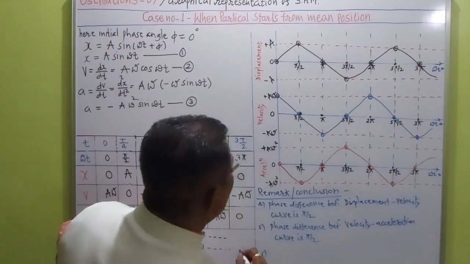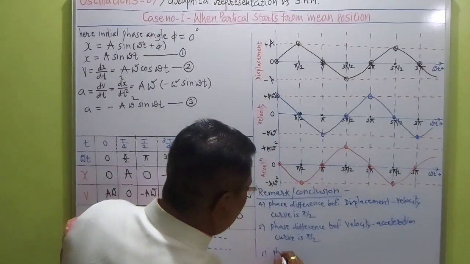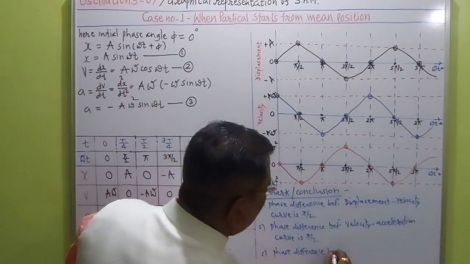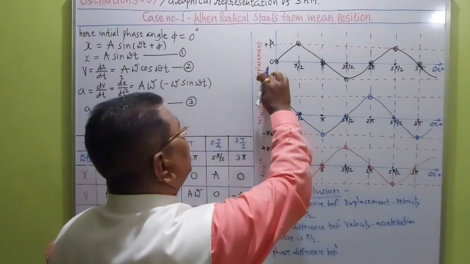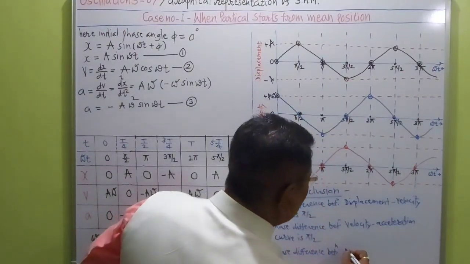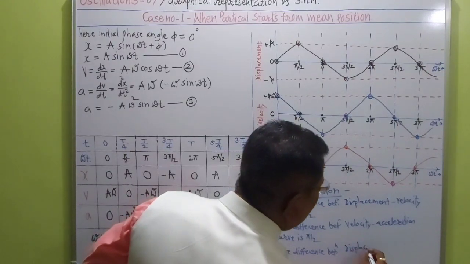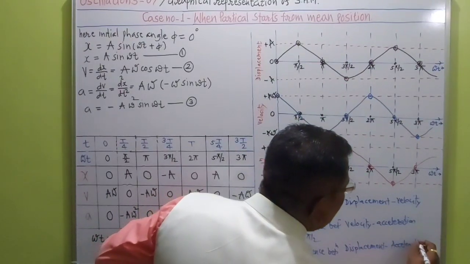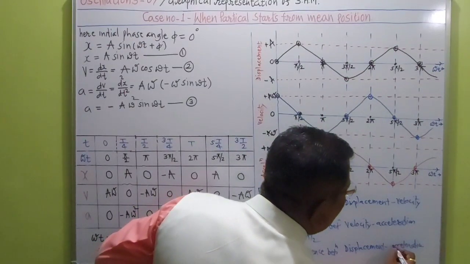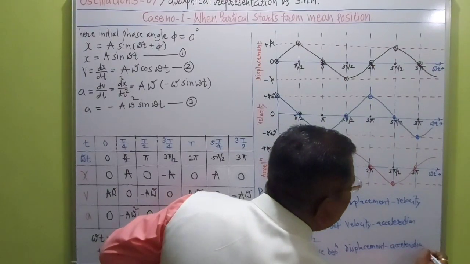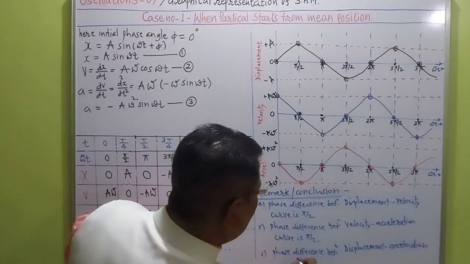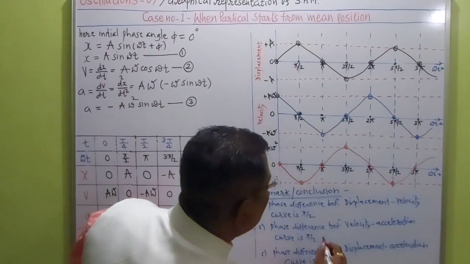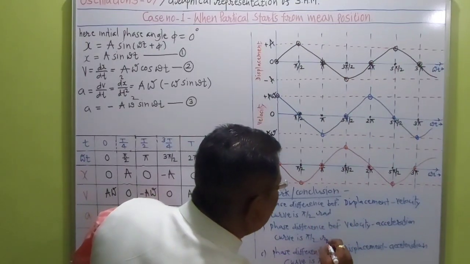And the last conclusion, phase difference between displacement acceleration curve is pi radian.